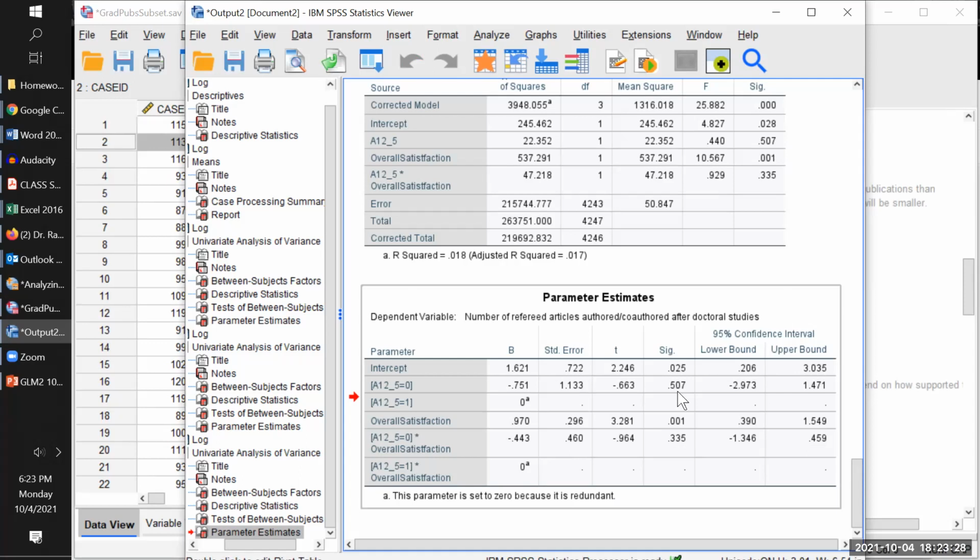So our x1 is what? Satisfaction. And our outcome is what? I forget. Pubs. When satisfaction is 0, there's almost no difference between being paid for research or not.